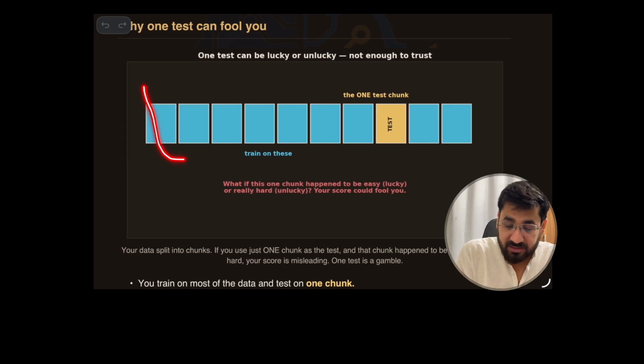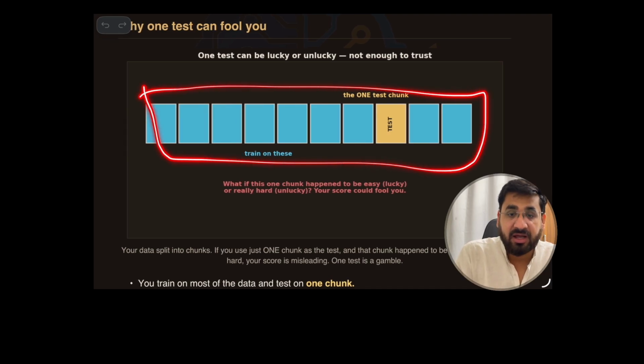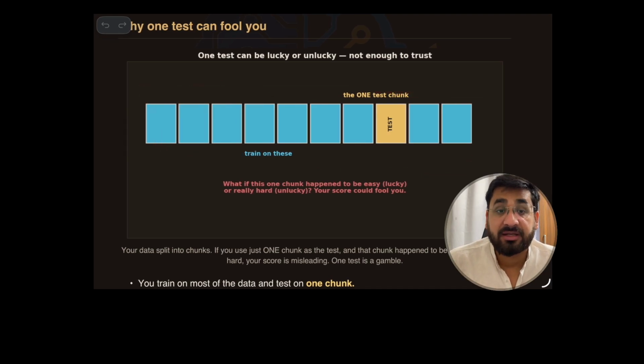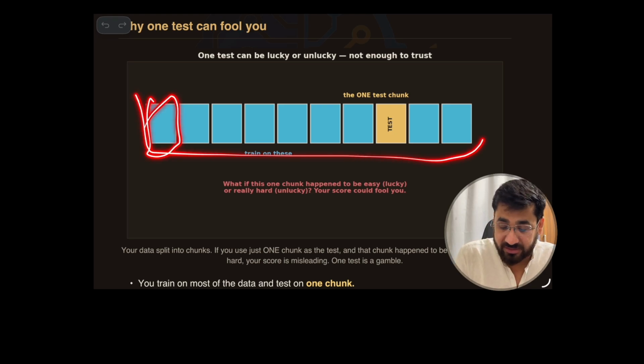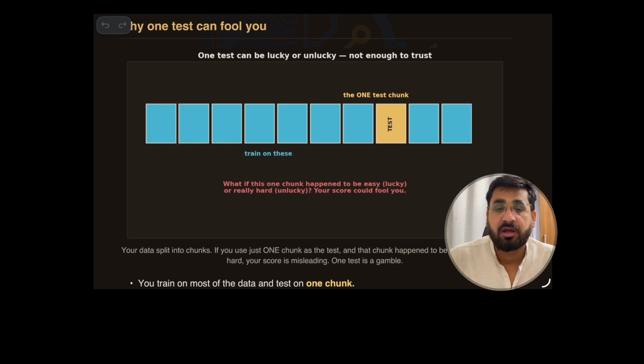See, these are the data. Now let's talk in terms of data. These are the chunks, the sets of data over which we have trained our model. The blue one is the training data and this yellow one is the test data. Suppose I train my model on the blue one, and take a test to see how accurate my model is.